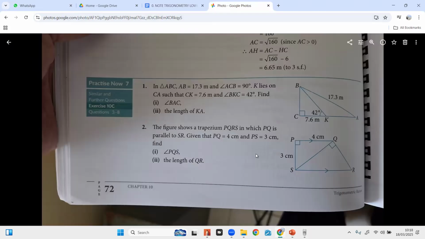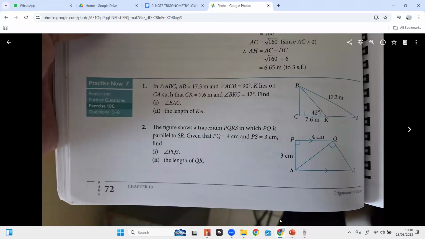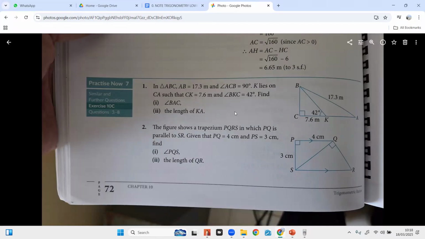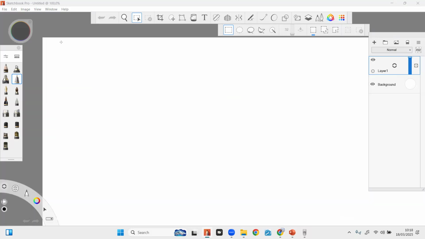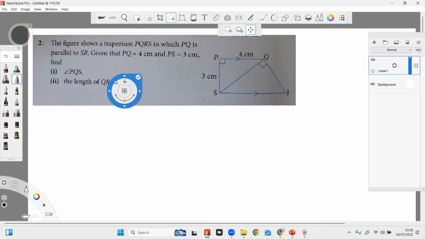Next, number two. Actually it's the same, but what you need to do is focus on the trigonometric ratio and inverse trigonometry. You may pause the video, you can do this.